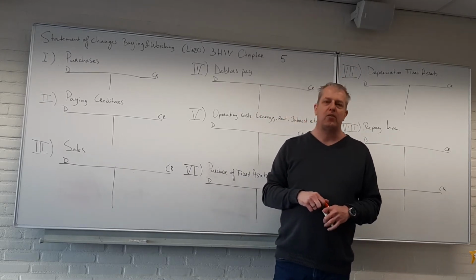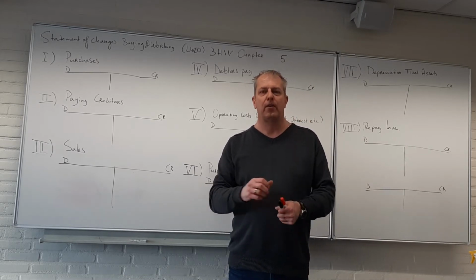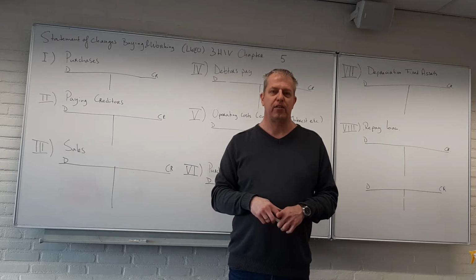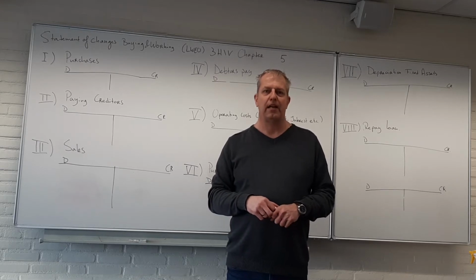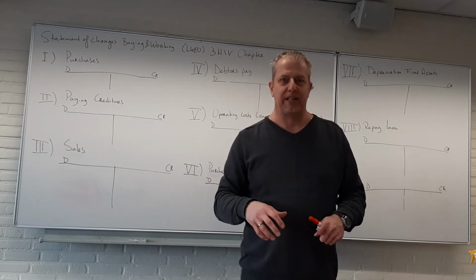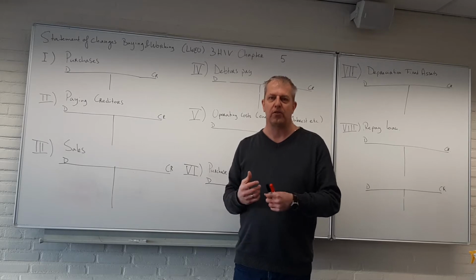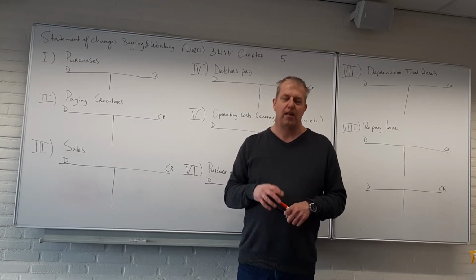A balance sheet is always at a certain moment in time. So you can imagine that throughout the course of time, the balance sheet changes. Yes? And it changes because of so-called financial events. So a financial event means that something happens which causes the balance sheet to change.